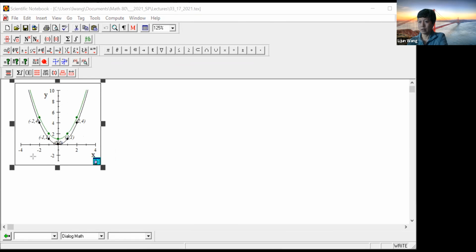Every single point. If I draw a vertical line arbitrarily, there's a little shifting taking place.